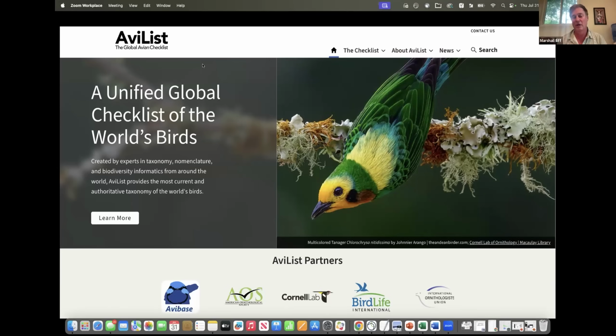So we looked at all the places where a different split was enacted by any one of those checklists, a different lump was enacted, a different name was used, and any case where a subspecies was assigned to a different species between those checklists. We went through every single one. It was over 1,000 sets of issues to check out.